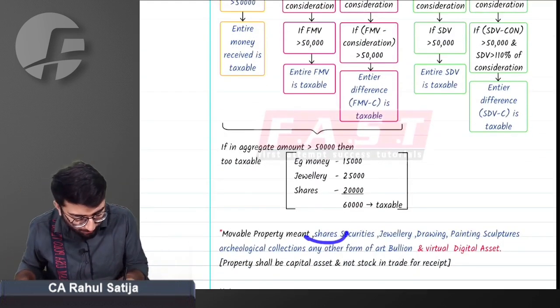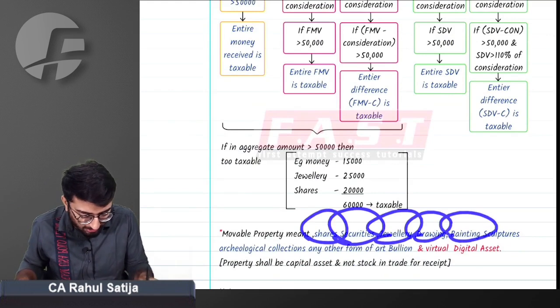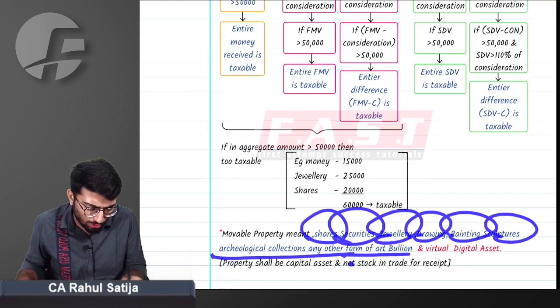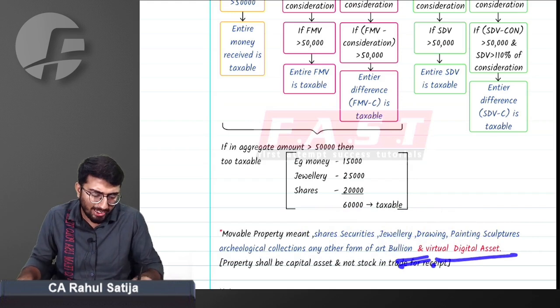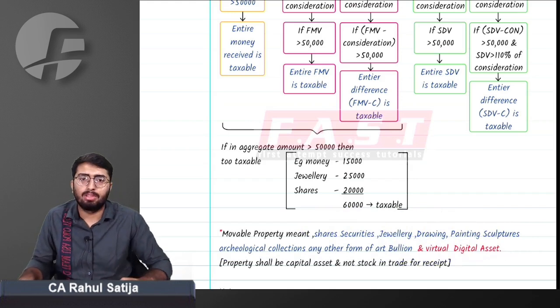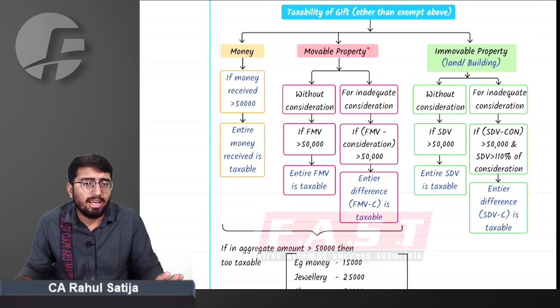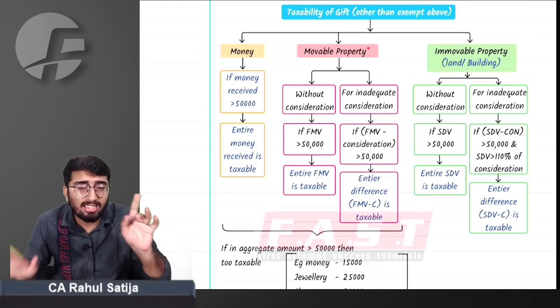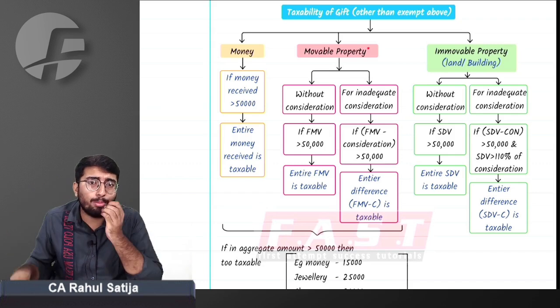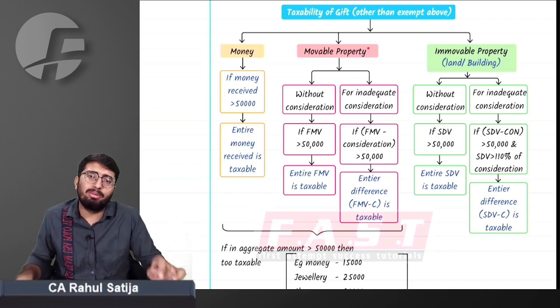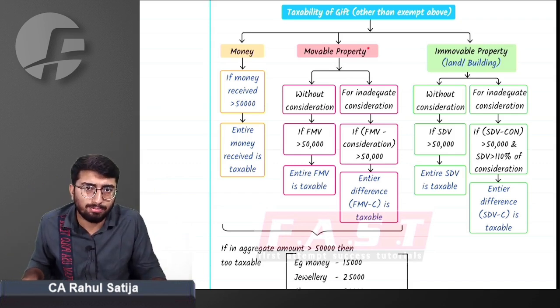Any type of shares, securities, jewelries, drawing, painting, sculptures, archaeological collection, or any other form of art, bullion, and virtual digital asset. Any kind of property, sir, will not be taxable under the head gift. Only these 10 movable properties, if received as gift, will be taxable in the hands of the recipient.